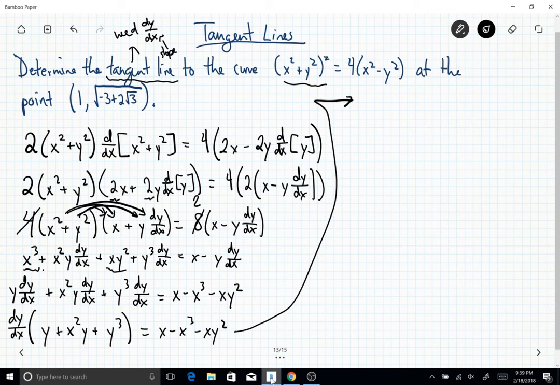And so we can finally get our solution for our derivative. Notice we have x minus x cubed minus xy squared. By the way, there are some other routes here. And then you have y plus x squared y plus y cubed.